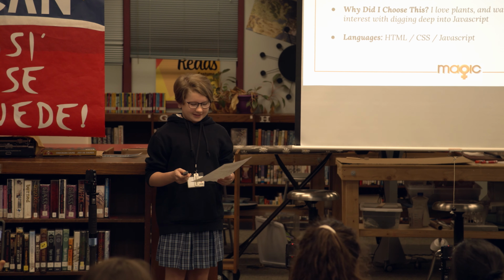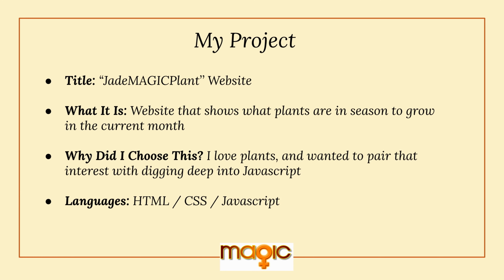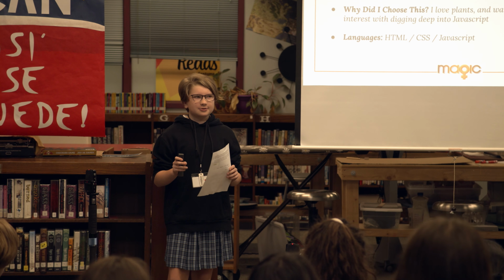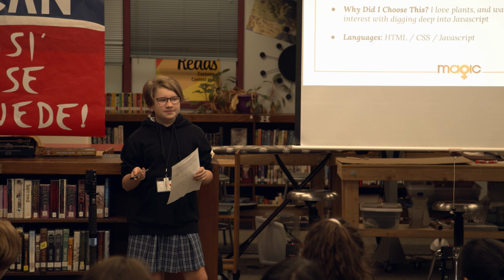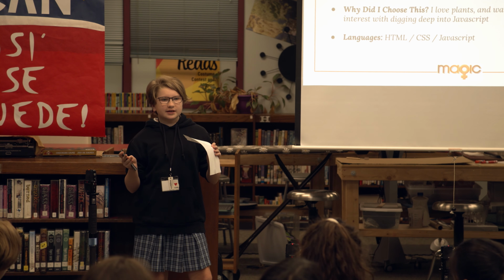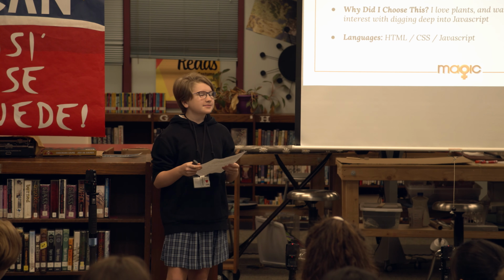Okay, my title of my project is Jade Magic Plant. I don't know why, but it just is. And you may be wondering, what in the world does this do? Well, my website shows what month it is and what plants you can plant in that month. And it doesn't go into specifics about each plant, but it shows some plants, like 4 plants.